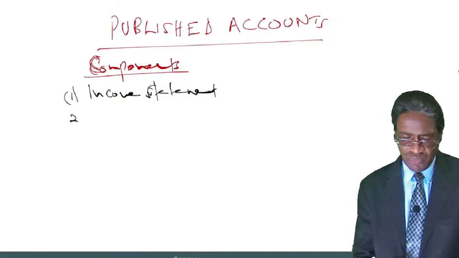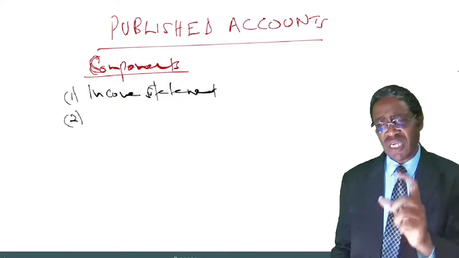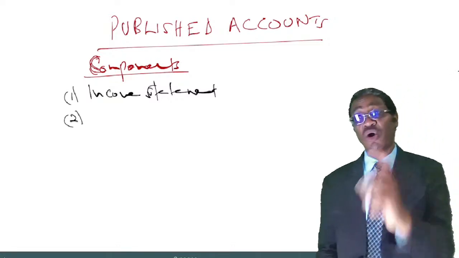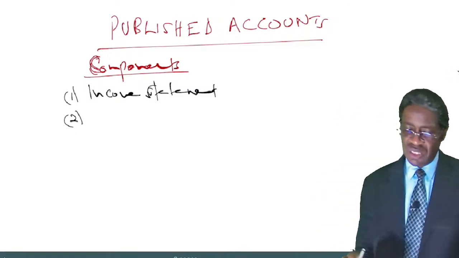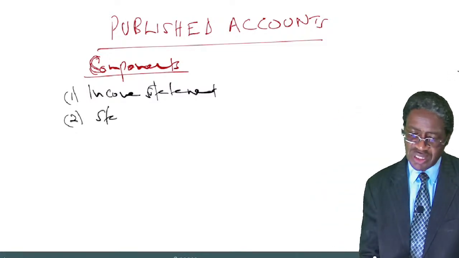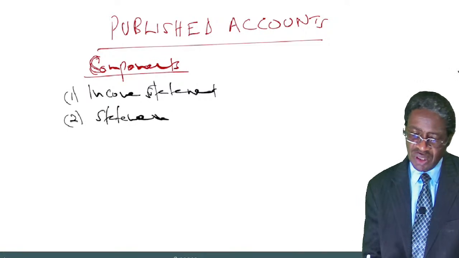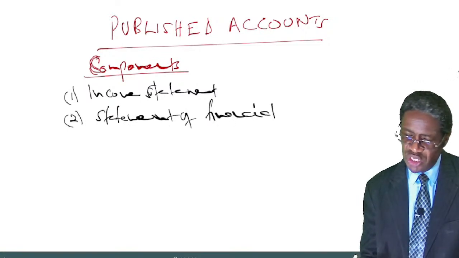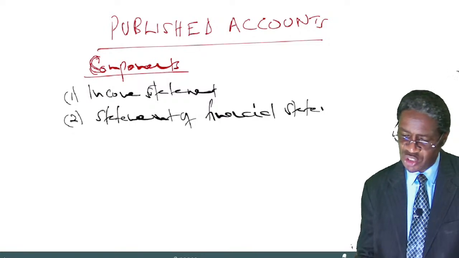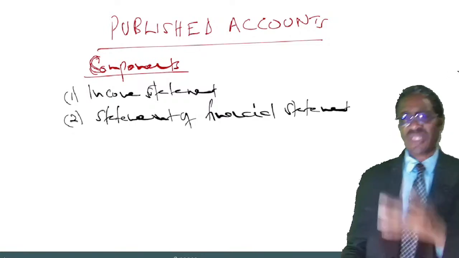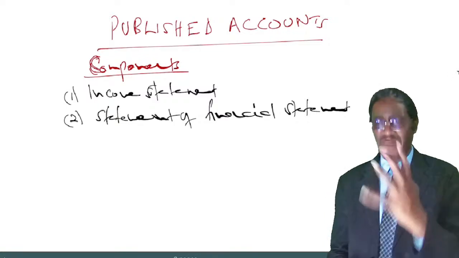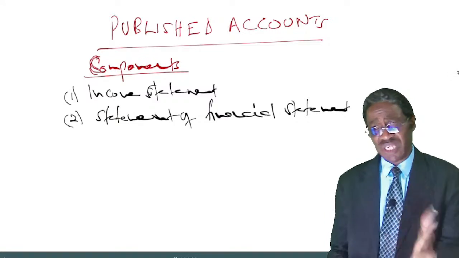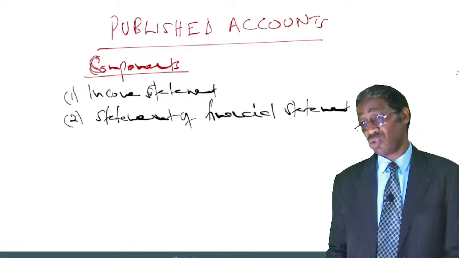Number two, the second thing as a public company you should include in a complete set of financial statements is what we call statement of financial position. This is what you could also call a balance sheet, but we now sometimes call it statement of financial position.